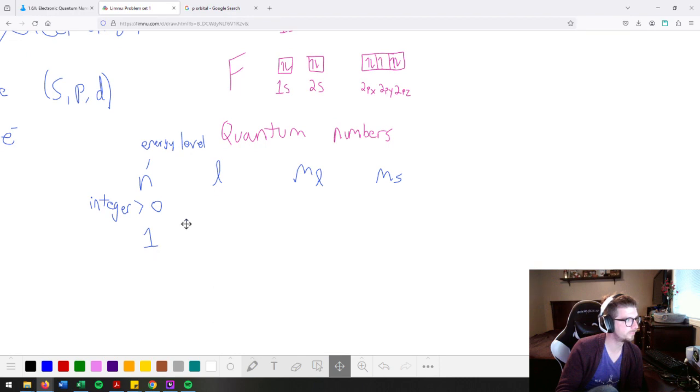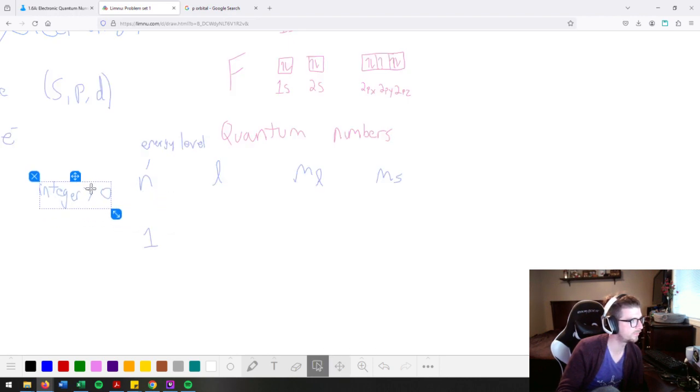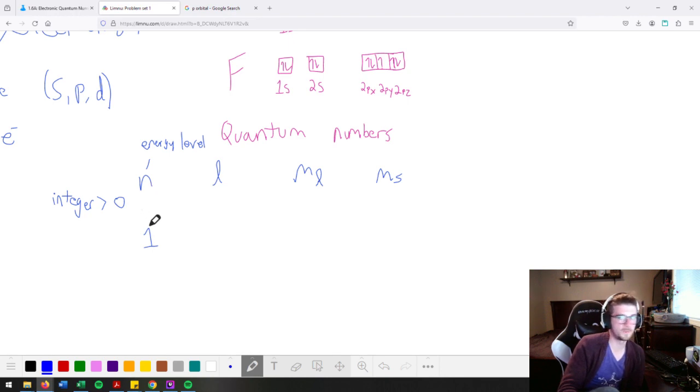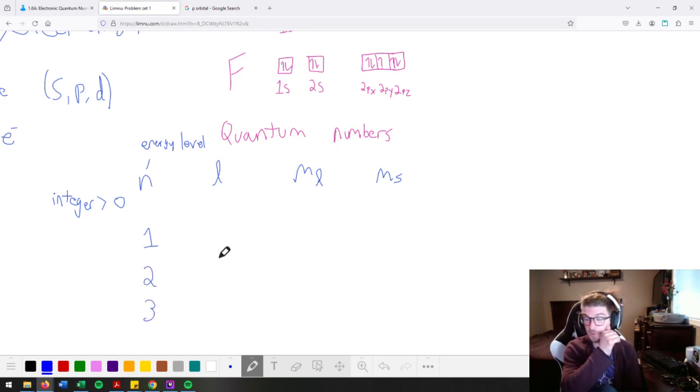I actually would like to move this over here. Yes, good. Okay, so the quantum number n starts at 1. It can be 2, it can be 3, so on and so forth, and it's just describing the energy level. So 1s, 2s, 3s, 4s, 5s. These are all described by the energy level, by n.